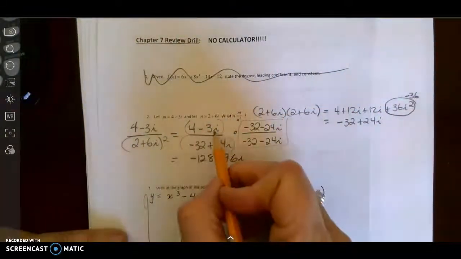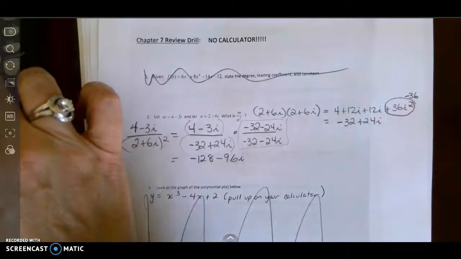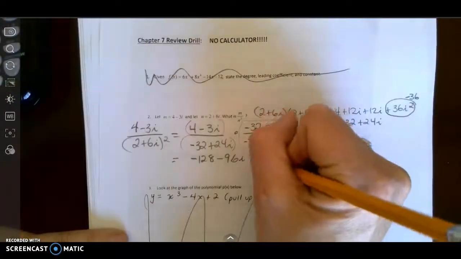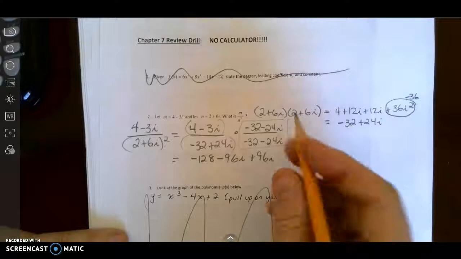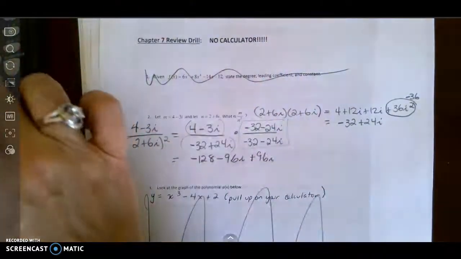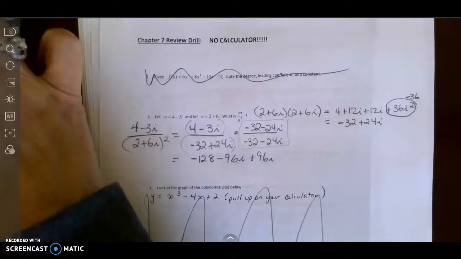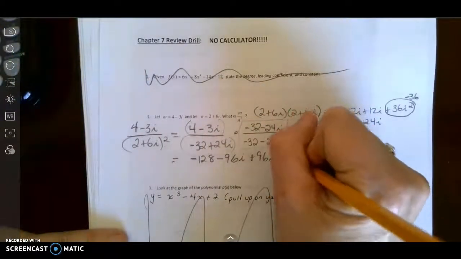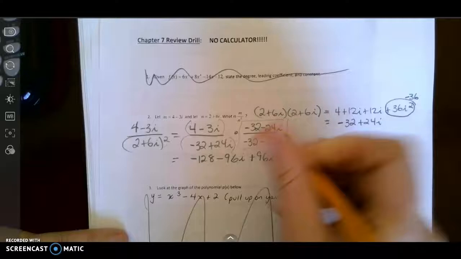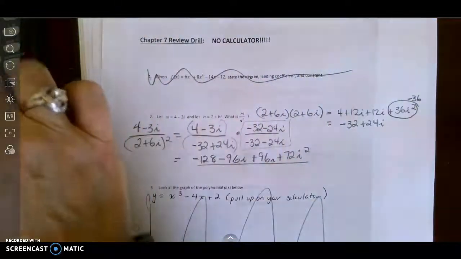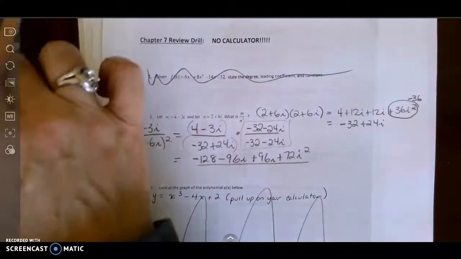And then negative 3 times negative 32 is positive 96i. Look at that, those are actually going to cancel. And then negative 3 times negative 24, and I get plus 72i squared, all divided by negative 32 times negative 32, which is 1024.